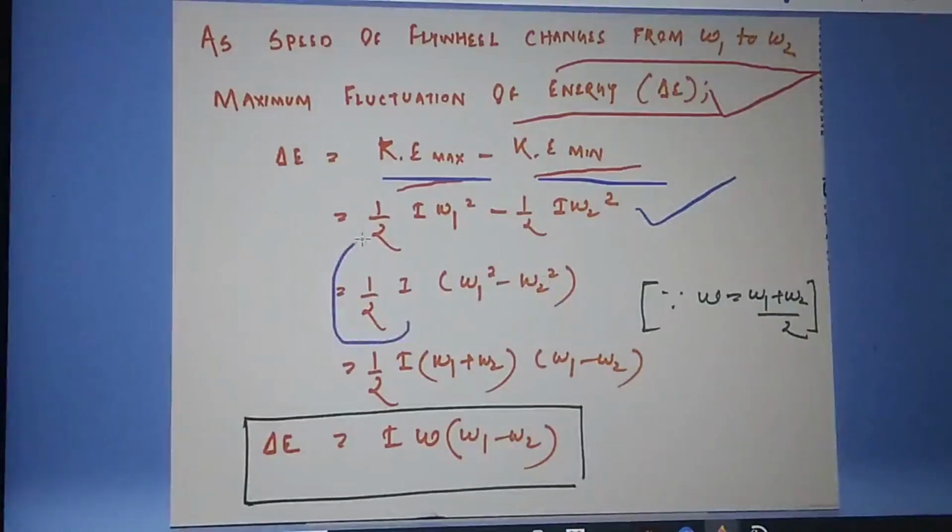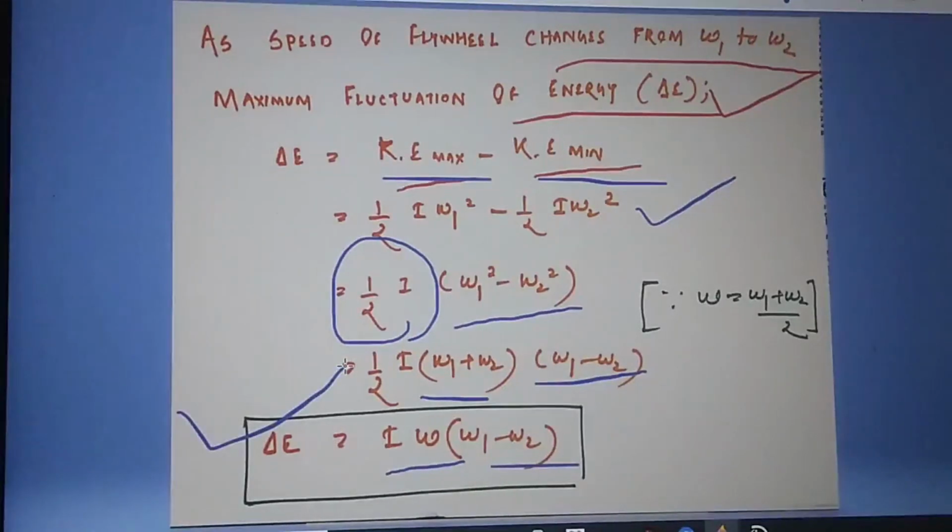Taking the common half into I, we get omega 1 square minus omega 2 square, which is omega 1 plus omega 2 into omega 1 minus omega 2. Omega 1 plus omega 2 divided by 2 is omega, and you are remaining with omega 1 minus omega 2. So the maximum fluctuation of energy in a flywheel is I omega into omega 1 minus omega 2.